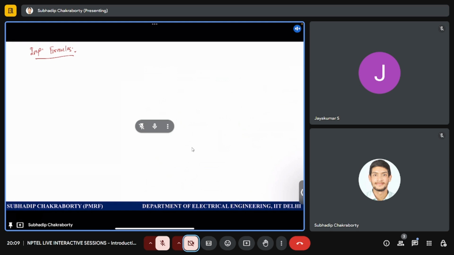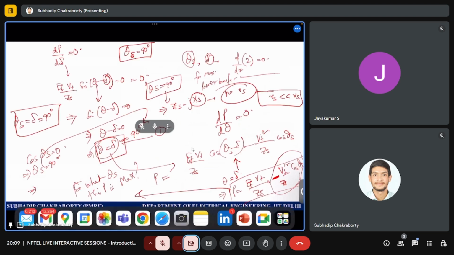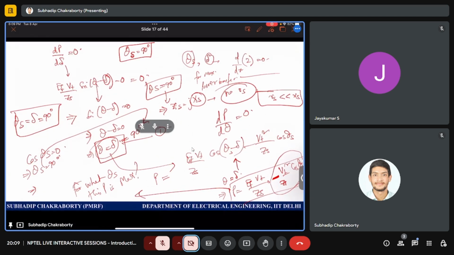My voice and everything is clear, right? The important formulas are very easy. Just let me write it down for you. I think my slide is moving, right? No, it is not moving. Okay, yes, it is moving.